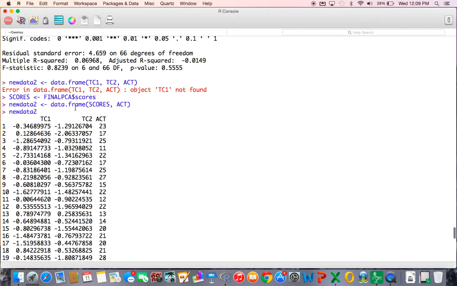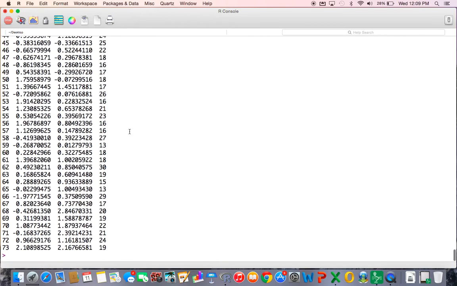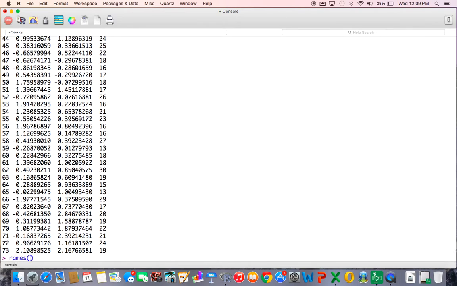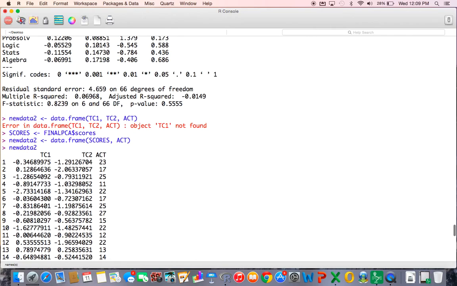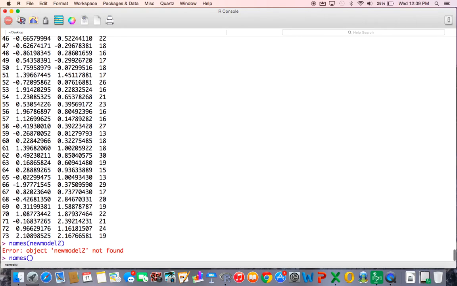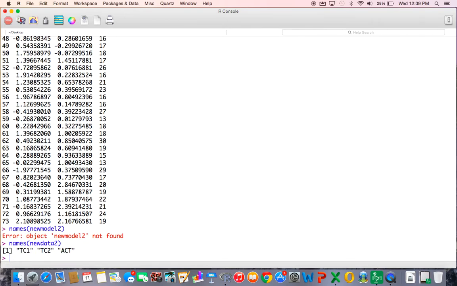Now, what I could do is run a model. I'm losing it here, this has been on new data 2. And you can see that it's saved TC1, which would be symbolic manipulation, and TC2 would be liberal arts, and I could predict ACT from that.